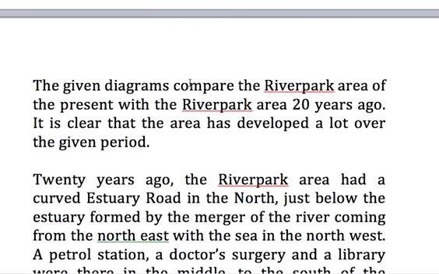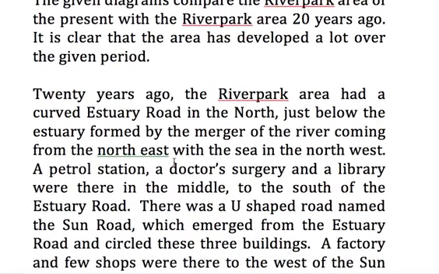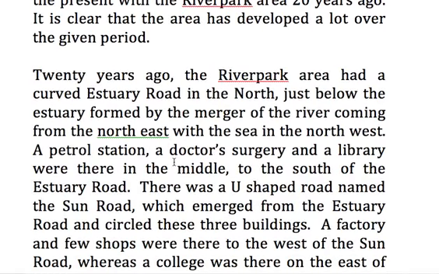The given diagrams compare the river park area of the present with the river park area 20 years ago. It is clear that the area has developed a lot over the given period. 20 years ago, the river park area had a curved estuary road in the north, just below the estuary formed by the merger of the river coming from the northeast with the sea in the northwest.